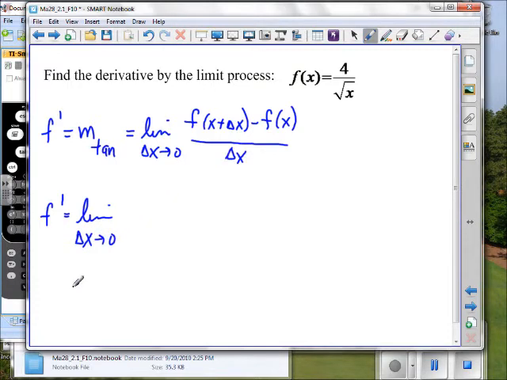Now, let's see. What does f of x look like? That's the easy one, isn't it? 4 divided by the square root of x. Okay, so we can put that in. It's 4 divided by the square root of x. But what does f of x plus delta x look like?